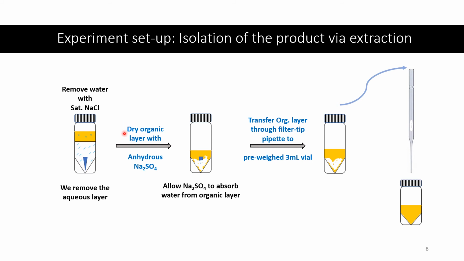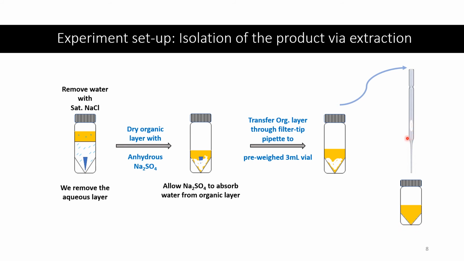After that, we are going to do a final drying step by adding anhydrous sodium sulfate, which should absorb any more leftover water. And after that, we are going to pass this organic solution through a filter tip pipette and collect it into a 3 ml pre-weighed vial.